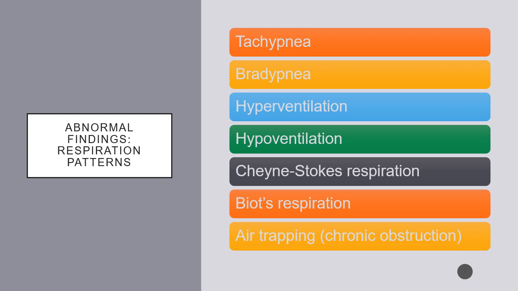And if they are in distress and trying to breathe quickly, so they have tachypnea, as you're trying to breathe rapidly to increase your oxygenation, you don't have adequate time for exhalation, and you start to have air trapping, which leads to the inability to inhale or exhale, and the person then starts to do what looks almost like guppy breathing, which is this very rapid, shallow breathing, and basically they need to be slowed down and allowed to exhale to get some of that air out so that they can take another full breath.